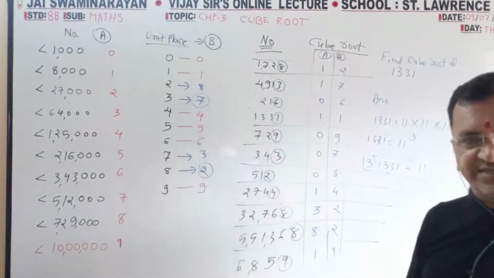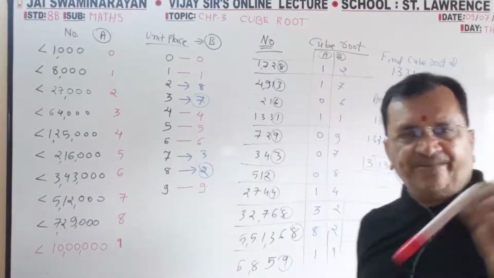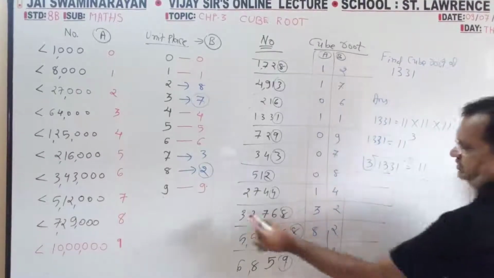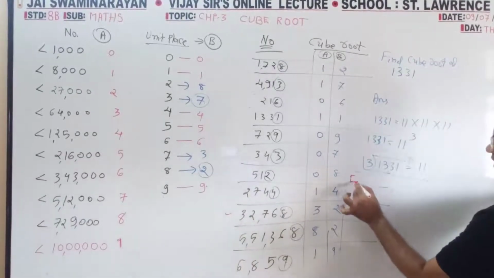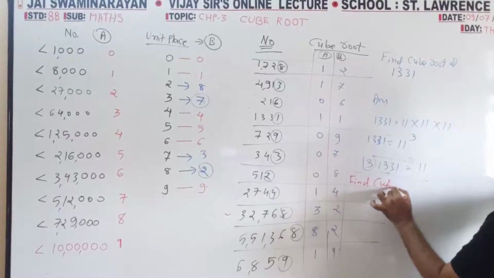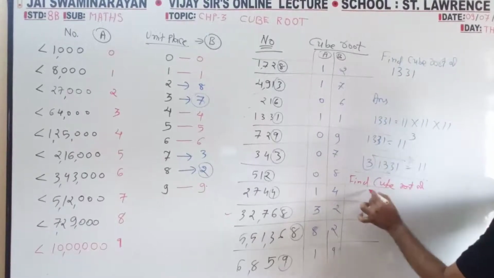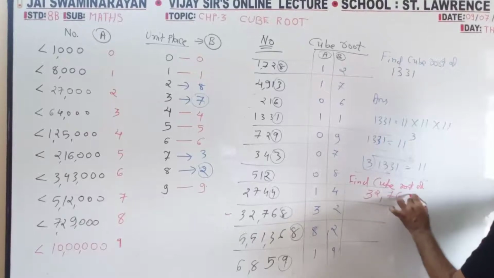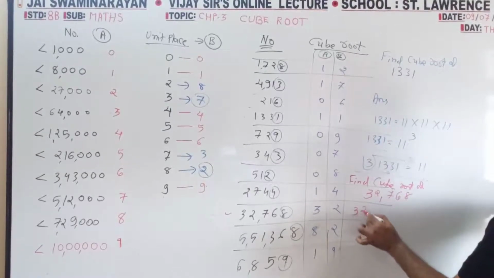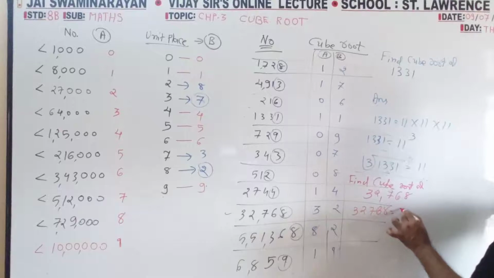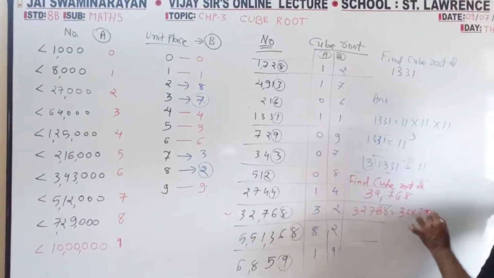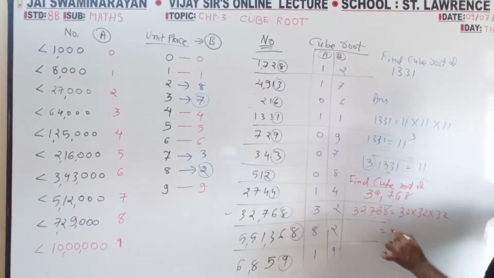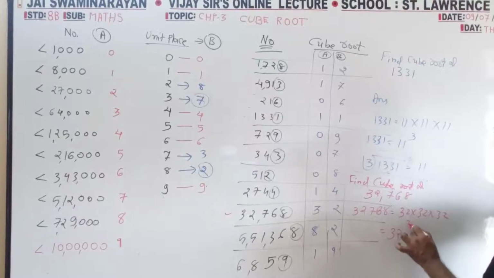Again, one more example I am explaining. For example, find the cube root of 32,768. So you know that 32,768 is equal to 32, 32, 32 by my method. So this is 32 cube.